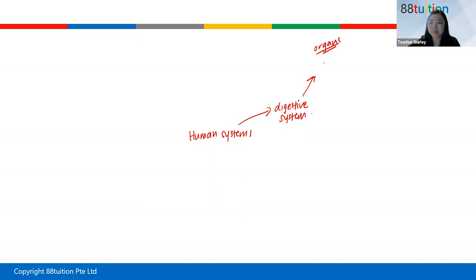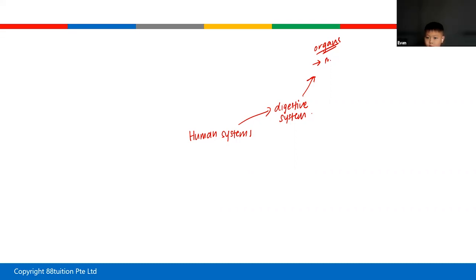Kason. What is this? Yes, Evan, you want to answer? What is the organ?